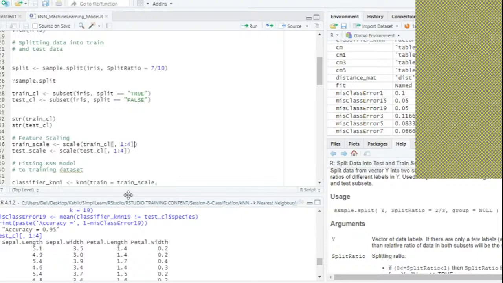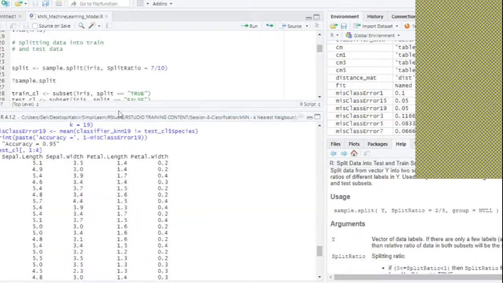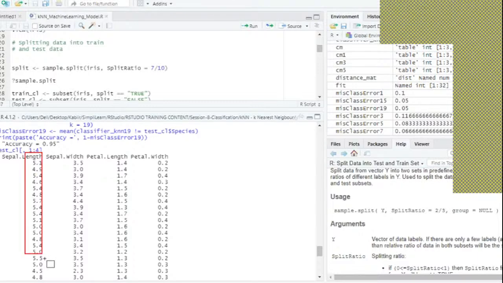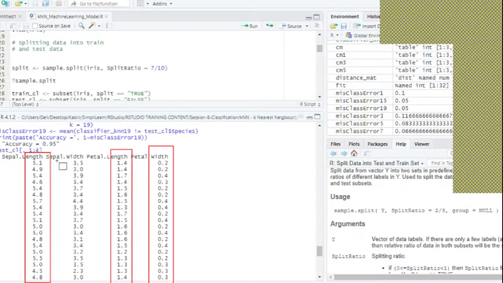Let me explain. Sepal length has values on a very different scale compared to petal length and petal width, right? So all of these have values at a different scale.